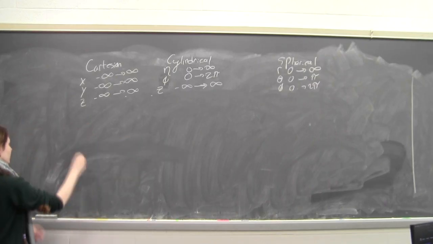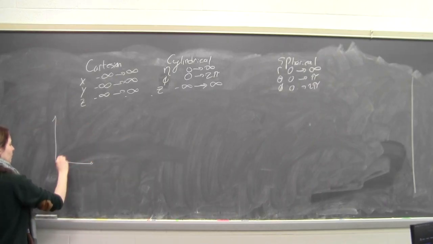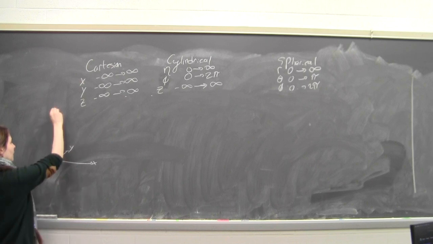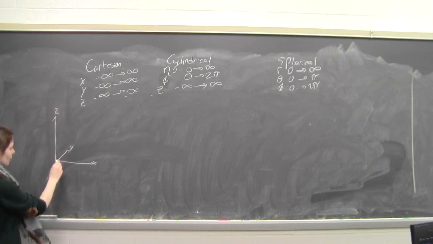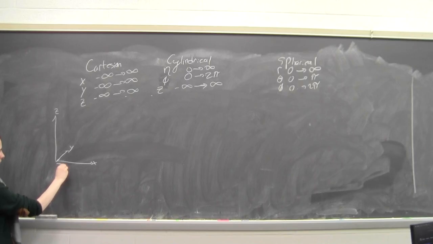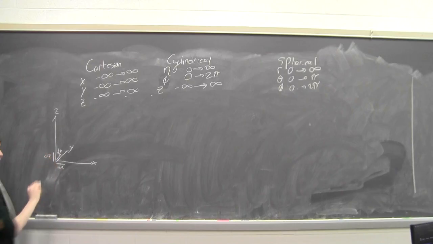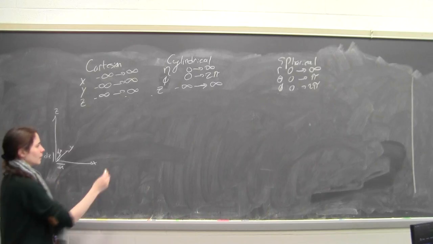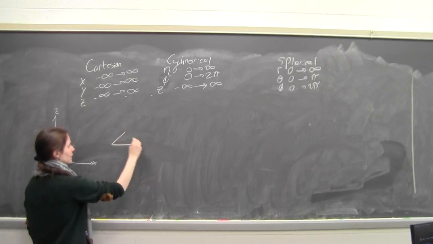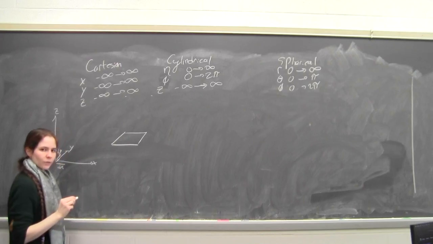So in Cartesian coordinates, where we have x, y, and z axes, we can have a little bit of length in the x direction dx, a little bit of length in the y direction dy, and a little bit of length in the z direction dz. These are all of our line elements, or infinitesimal bits of length, and we can use them together to get an infinitesimal bit of area.